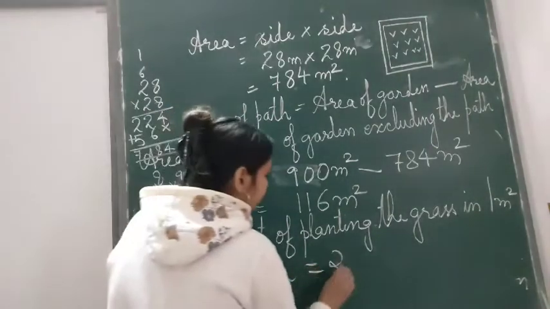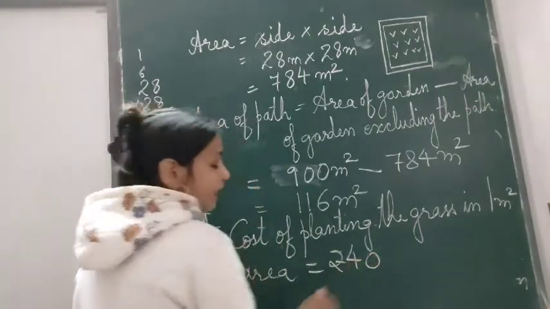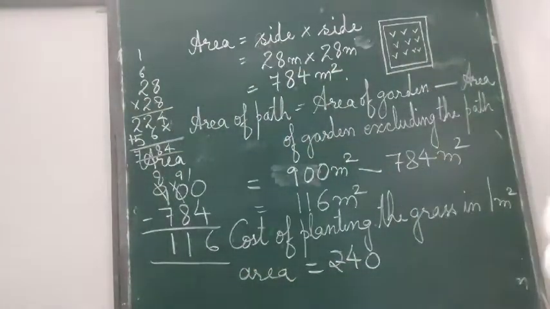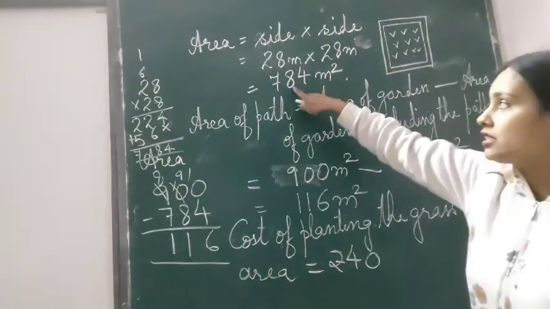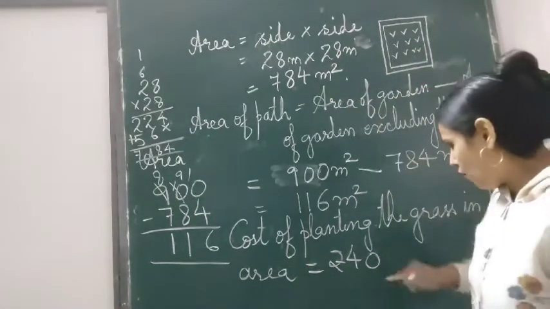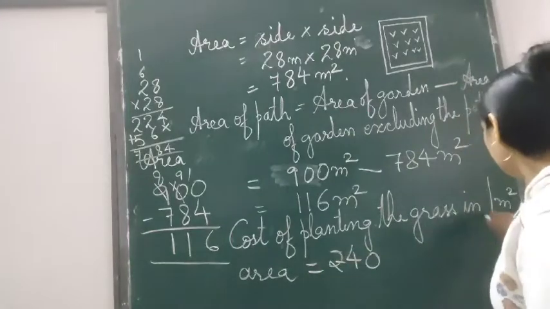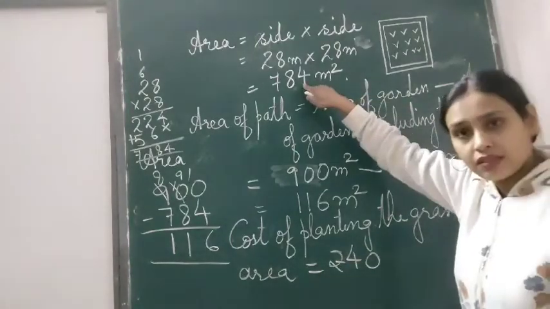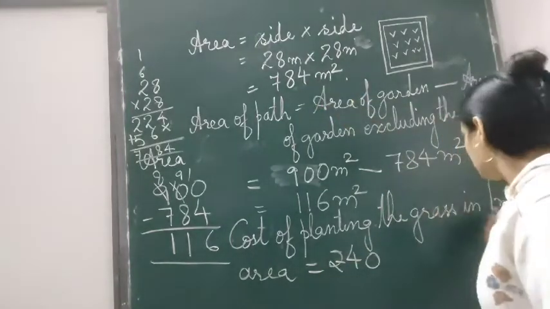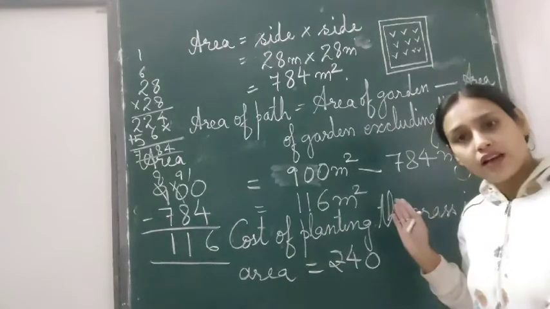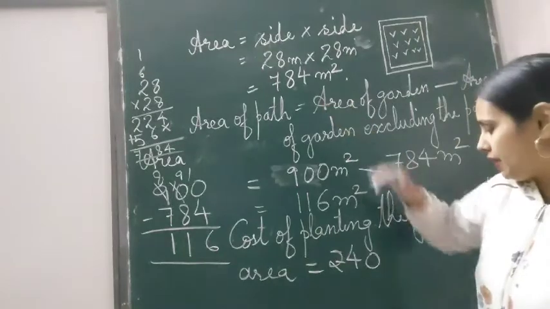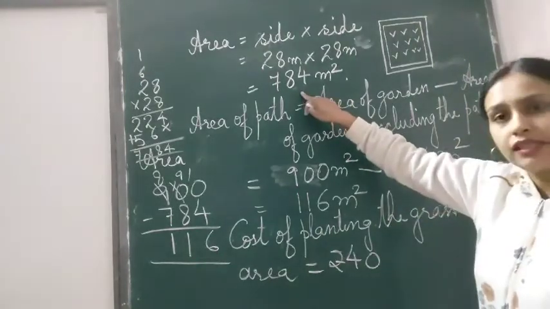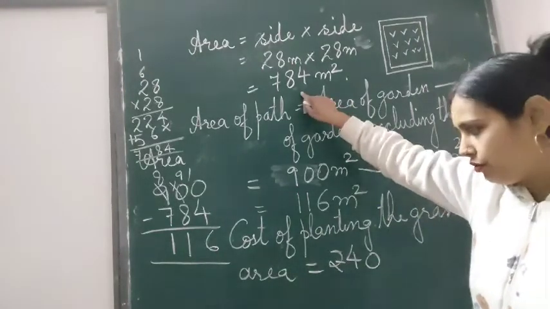Rupees 40. And now we have to find the cost of planting the grass in the inner area, that is 784 meters. Yes, for 1 meter is given and for 784 meters is asked. That means 1 is given, many is asked. That means we will have to multiply. So here we will multiply rupees 40 by 784. So let's do it.